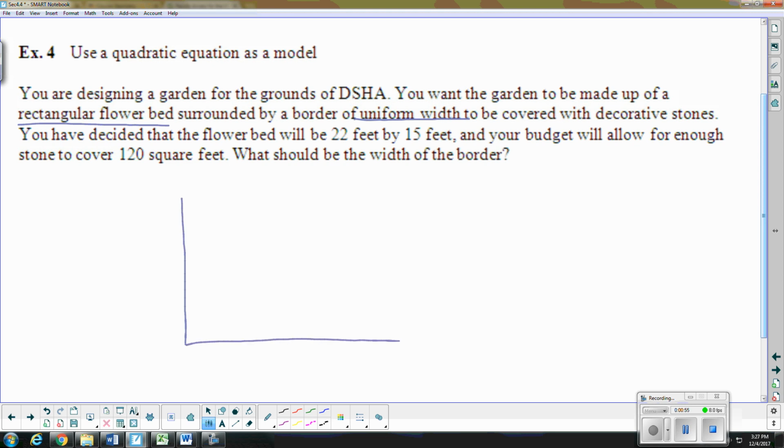So here's my flower bed. And it says that my flower bed is 22 feet by 15 feet. And it says that I want to cover my flower bed with a uniform width of decorative stones.